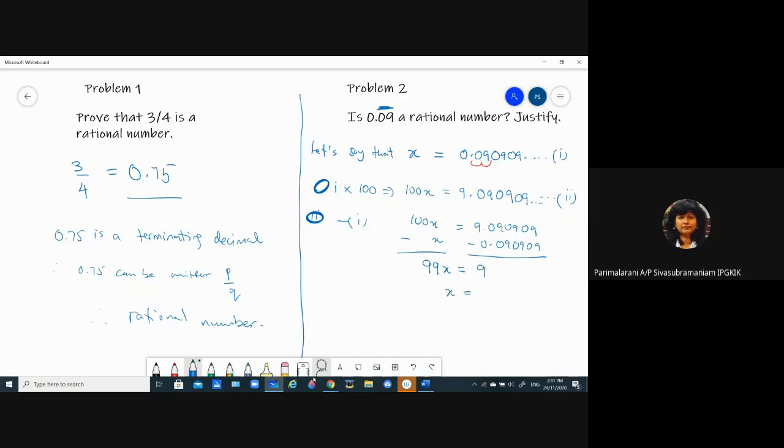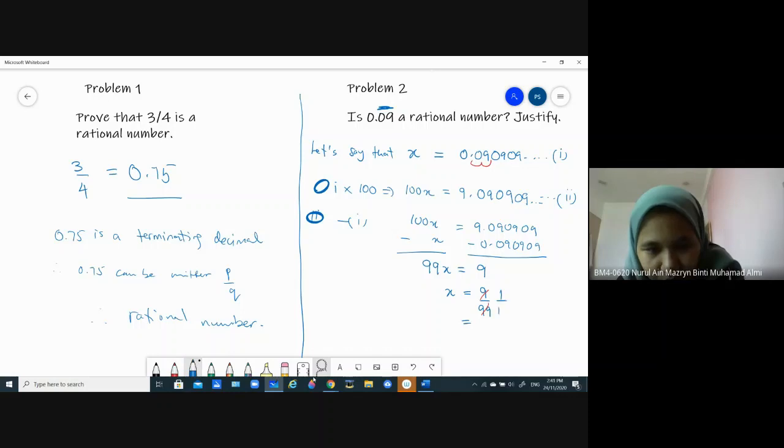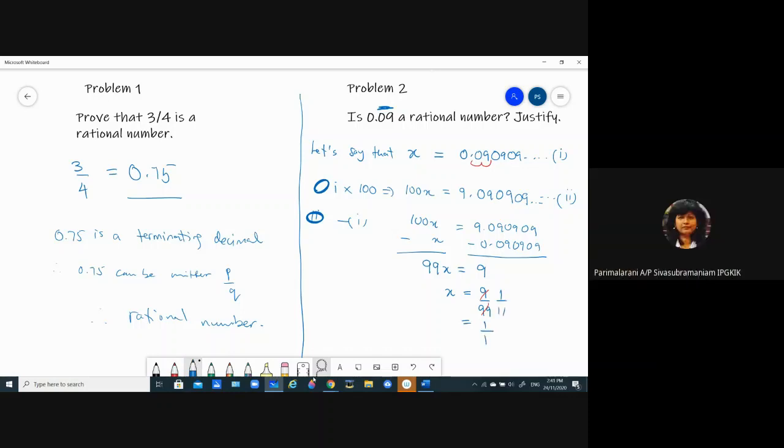So x equals 9 over 99. We can simplify this. It becomes 1 over 11. Then x is 1 over 11. So we have written 0.090909 as a rational number. Okay?